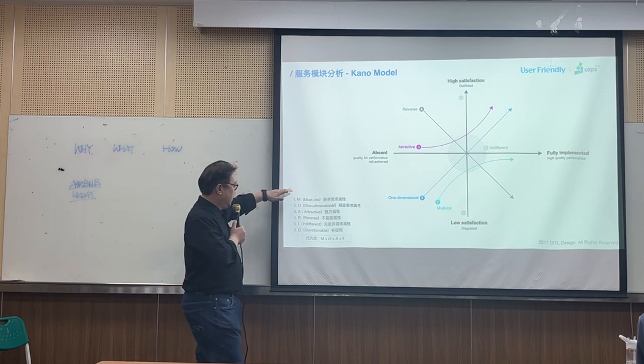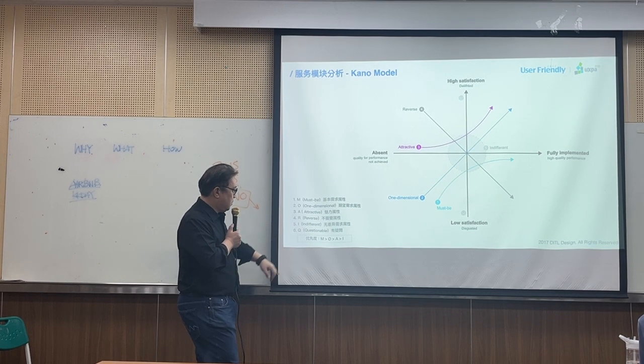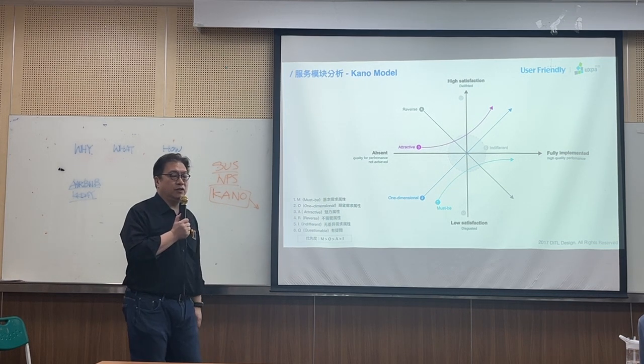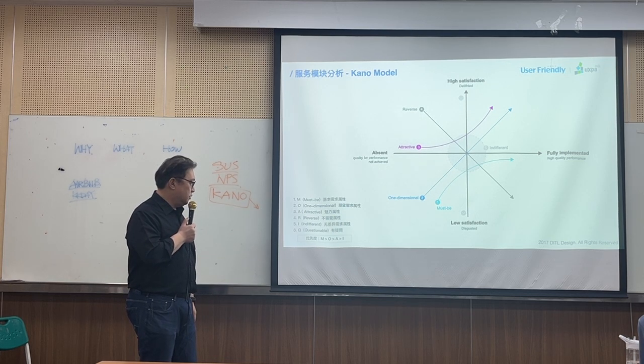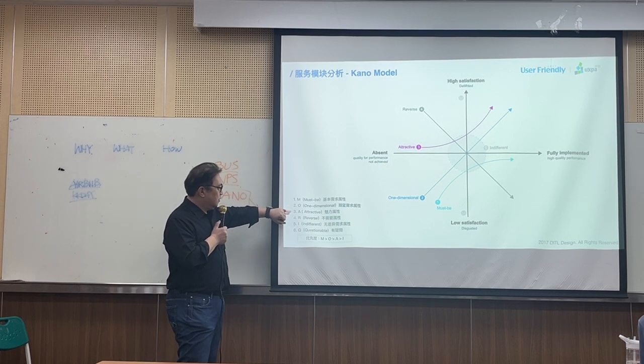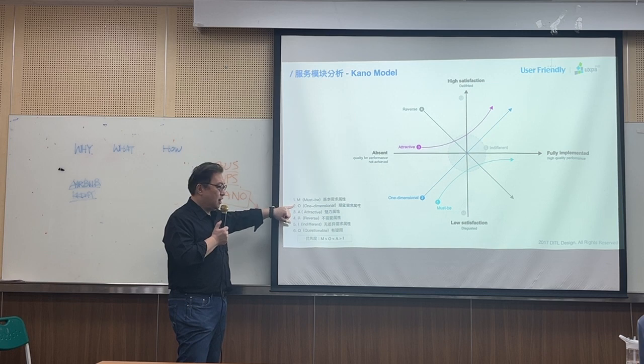So we have six types. Numbers 4, 5, 6, reverse, indifference, and questionable, are functions you don't need right now. You have to do more research to think about whether to include them in your app. But numbers 1, 2, 3: must-be is the basic function you have to have.